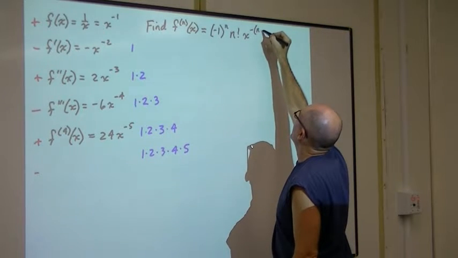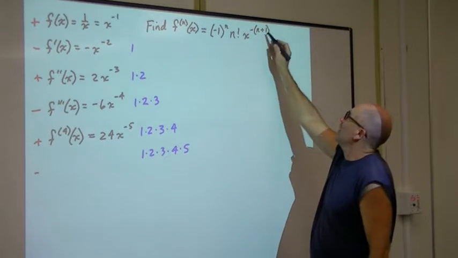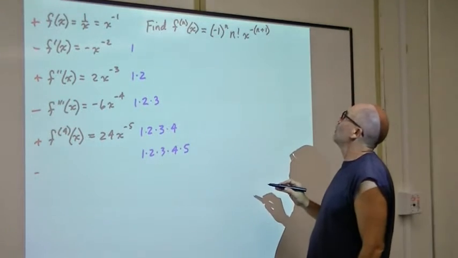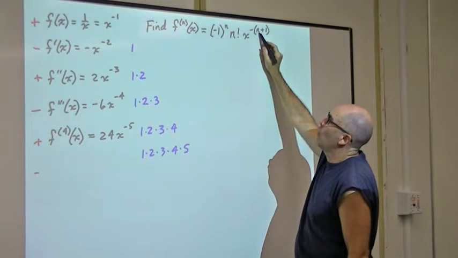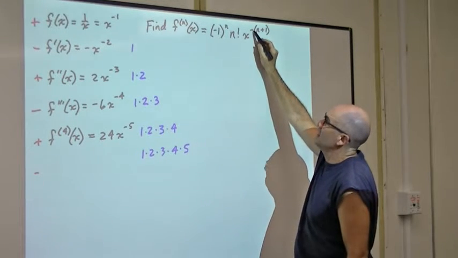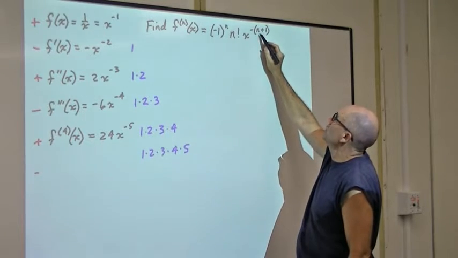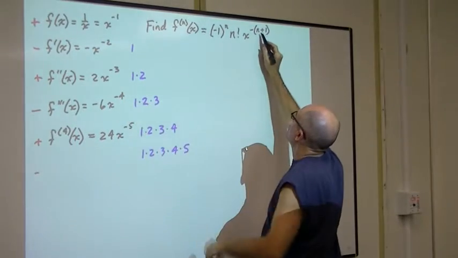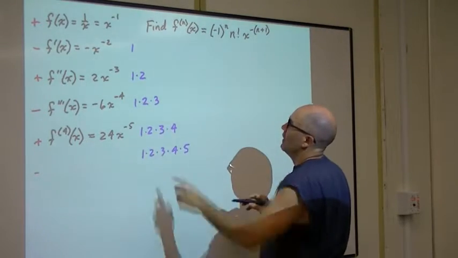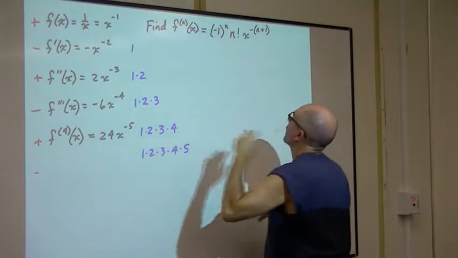I'm just going to go n plus 1. So it's negative of the n plus 1. So now if I look at my first derivative, n is 1. So I have 1 plus 1, but it's negative. Then the second derivative would be 2 plus 1, which is 3, -3. Then the third derivative, 3 plus 1 is 4, -4.